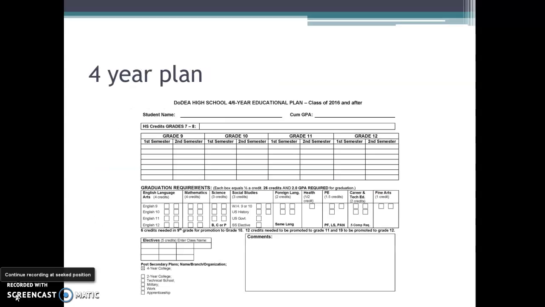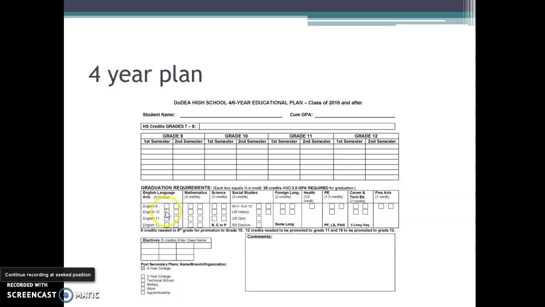This is our 4-year plan, and as students transition between grade 9, 10, 11, and 12, I've been using this 4-year plan with students' classes within each of these boxes. And really, at this point, what I'm looking for is for students to meet all the requirements within these boxes.